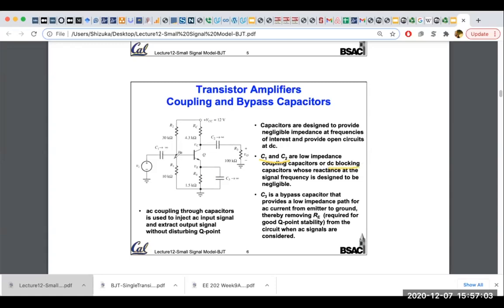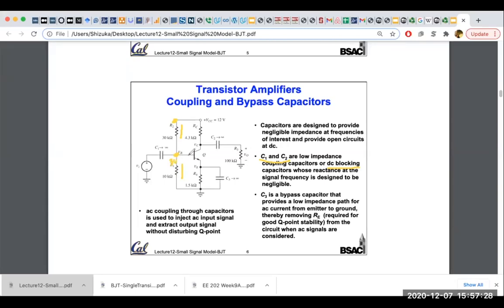C1 blocks this DC voltage, which is 12 volts. The 12 volts is divided between this and this resistance, like a resistive divider. So you get a voltage here, which is 12 divided by 40 times 10, so it is 3 volts.